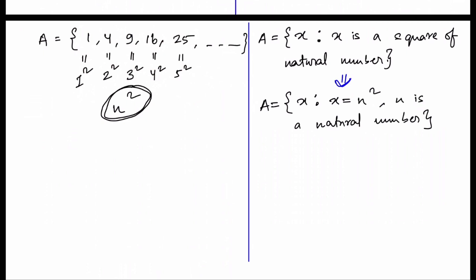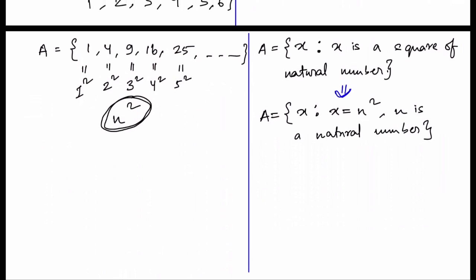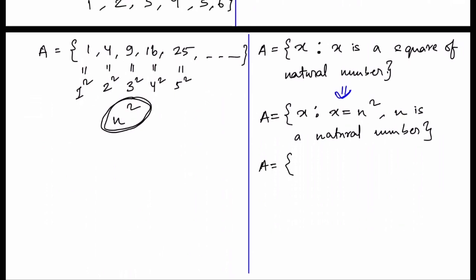Now we can simplify this set builder form further. A is the set, x is an element of A such that x equals n square. We can use the symbol belongs to in place of this whole sentence, so we write n belongs to natural numbers.